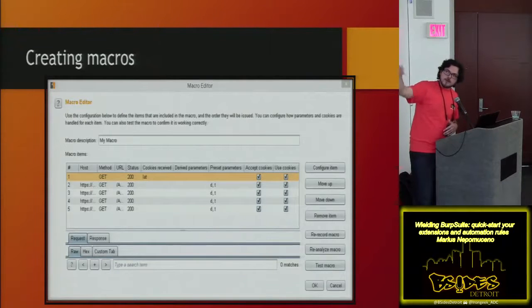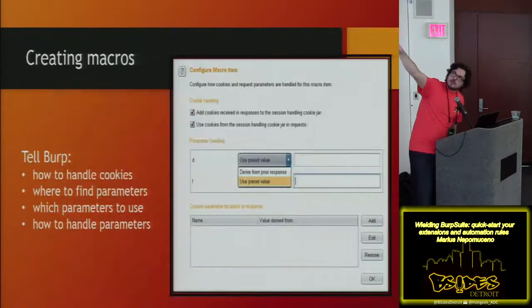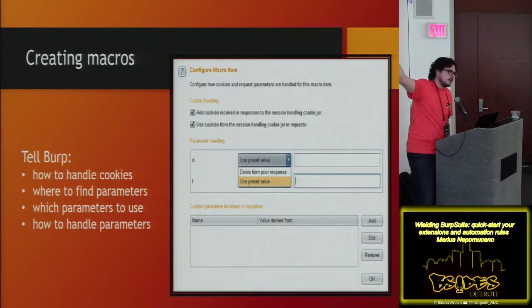This will then pop up. It'll show you all of the requests that you selected with all of the hosts and methods and parameters and everything. For each of them, you can configure the request so that you can do things like this. Tell BurpSuite whether to use for this parameter a preset value that you just type in right there, or the value that was derived from the previous response.